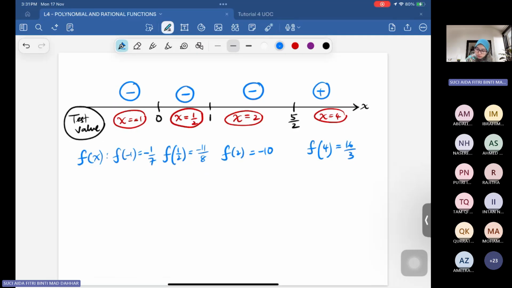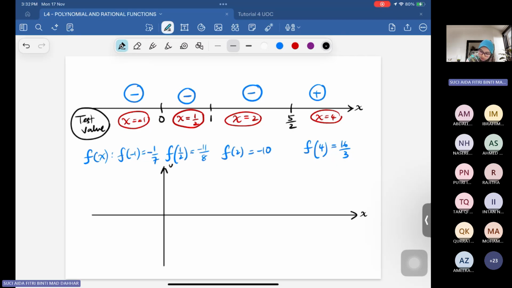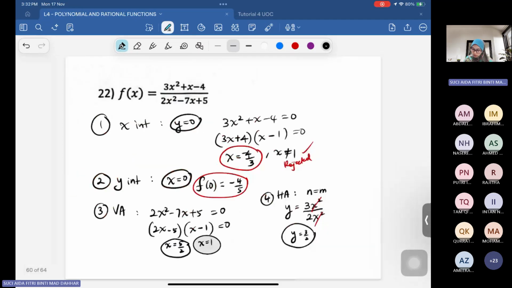Now we are ready to sketch them. This is our x-axis. This is my y-axis. And we have one vertical asymptote at 1, x equals to 1. And then the other one is at 5 over 2. And where is our horizontal asymptote?